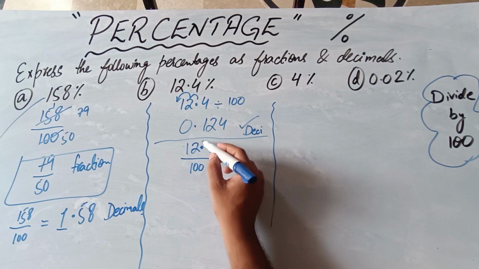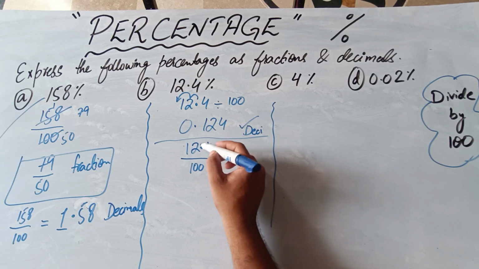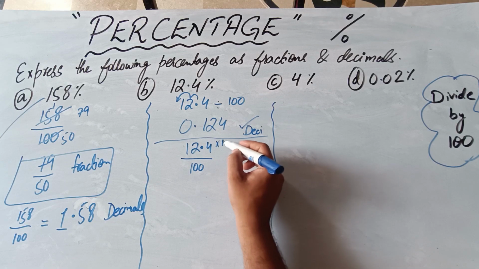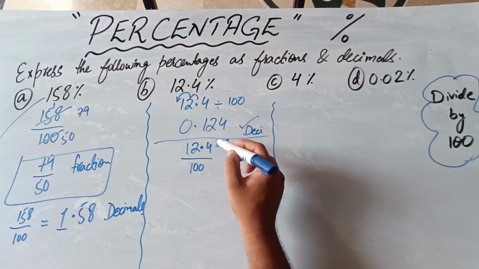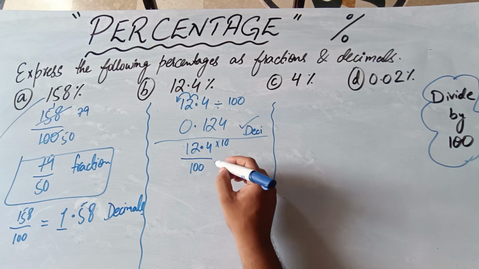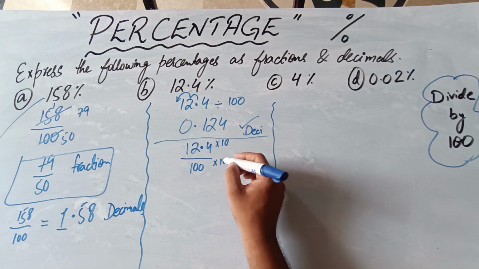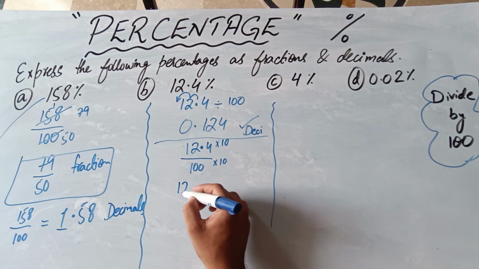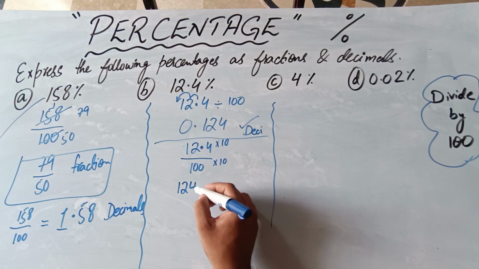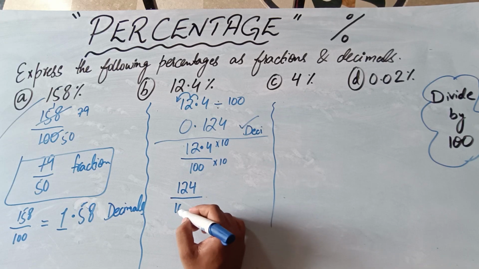After the decimal we have one digit, so we will multiply by 10 because its decimal will go 1 place forward. But if we are multiplying the numerator by 10, we will multiply the denominator by 10 as well in order to make an equivalent fraction. So it would become 124 divided by 1000.